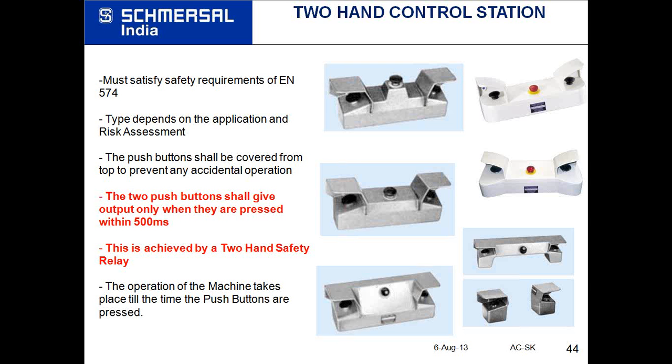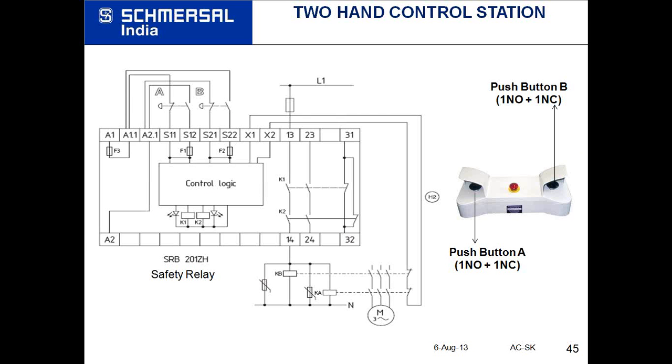This is achieved by a safety relay. We have a device which has two push buttons. You can see push button A with one NO plus one NC contact, and push button B with one NO and one NC contact, and these two push buttons are fed as input to the safety relay.